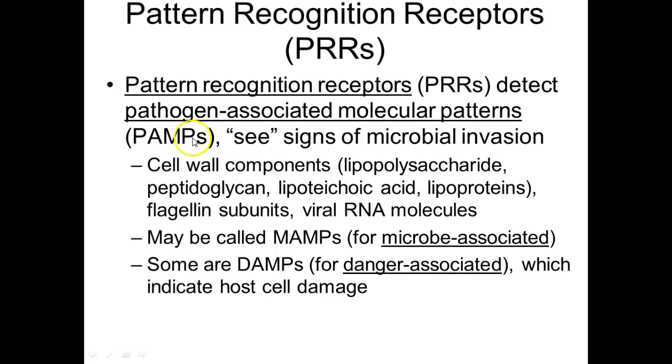right? So things like lipopolysaccharide associated with the outer membrane of gram-negatives, peptidoglycan, definitely the outermost covering maybe of a gram-positive, lipoteichoic acid associated with gram-positives, lipoproteins, again associated with some bacteria, flagellin subunits, this is the protein that makes up the flagella of bacteria, and then especially viral RNAs.